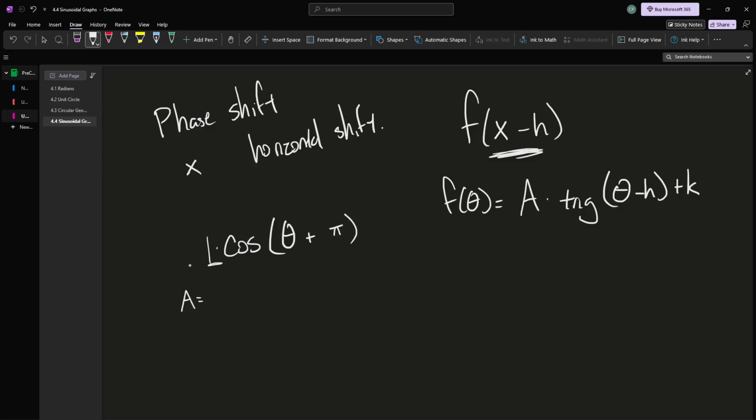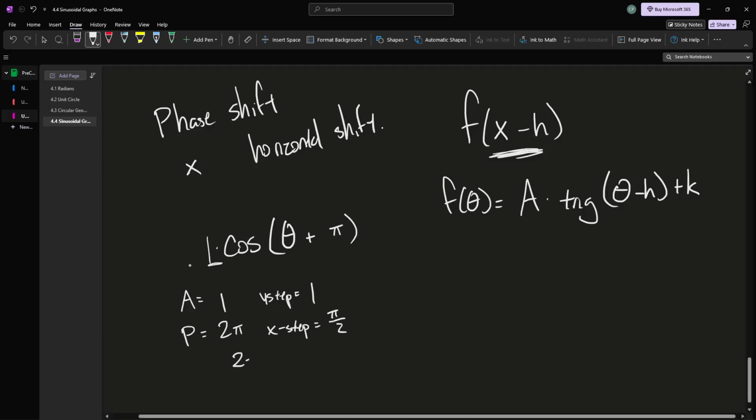There's an invisible 1 right there. Amplitude is 1. My period, we're still not talking about how it changes. It's still 2 pi. So therefore my y step is 1, and my x step, you can kind of remember this is pi over 2, but as a reminder, it's your period over 4 to get pi over 2. That's why this here. Period over 4 equals x step.